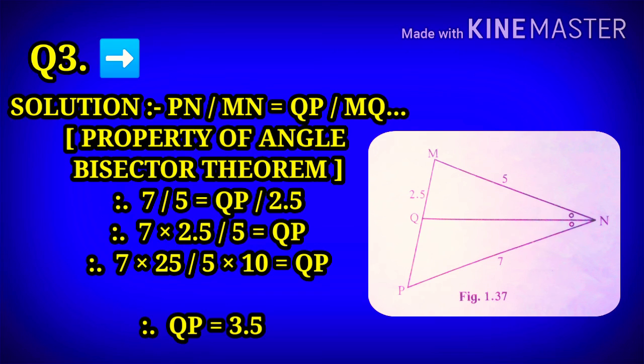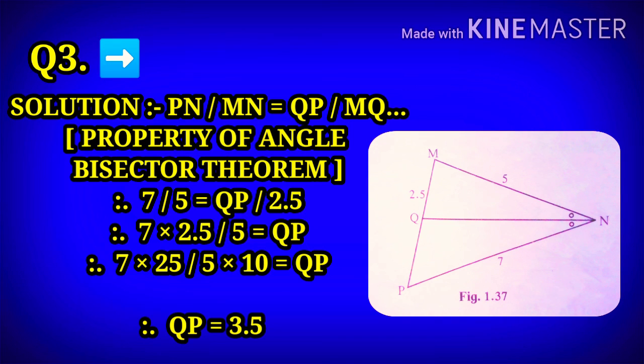Therefore, 7 upon 5 is equal to QP upon 2.5. That is, 7 into 2.5 upon 5 is equal to QP because 2.5 gets shifted from the denominator on the right hand side to the numerator on the left hand side.